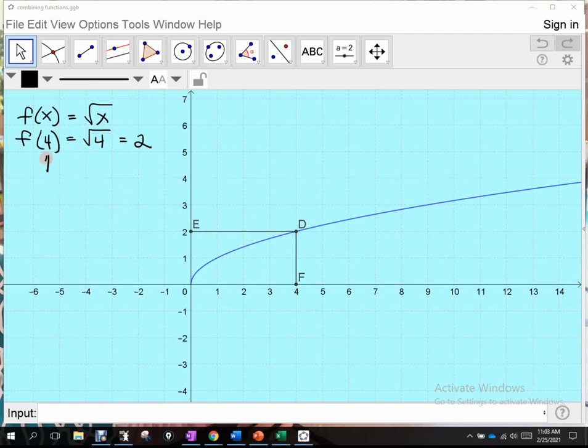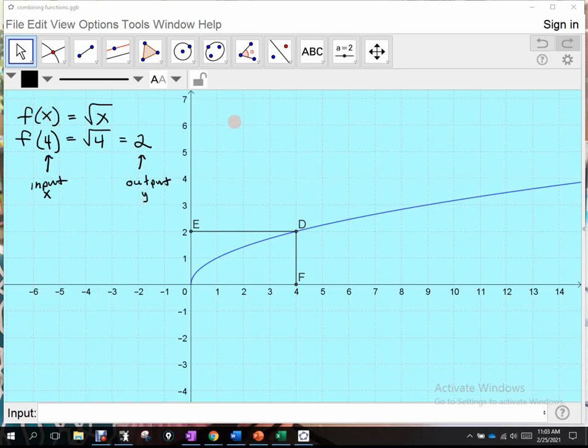So f of 4 gives me 2. We talked about this being the input. This is the output. That value of 4 is your x value. This 2 is your y value, okay?